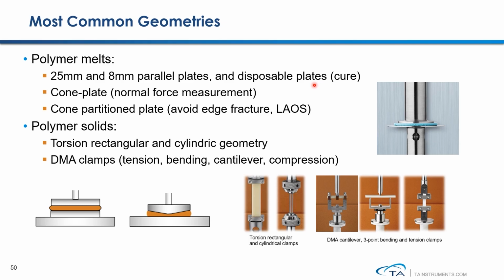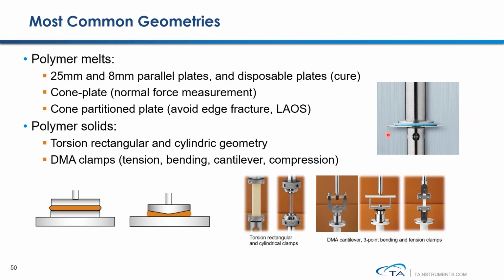If your goal is to measure the normal force on polymer melts under shear conditions, then you need to use a large angle cone plate geometry. For ARES G2 users interested in conducting large amplitude oscillatory shear measurements, in order to avoid edge fracture occurring at lower strains, you can also consider using this cone partition plate.